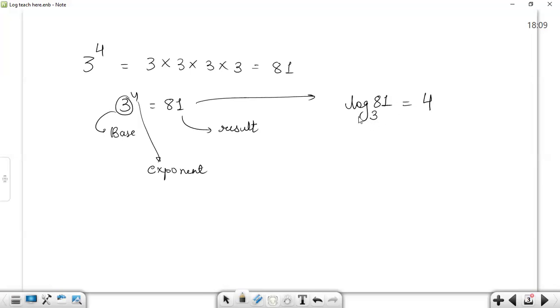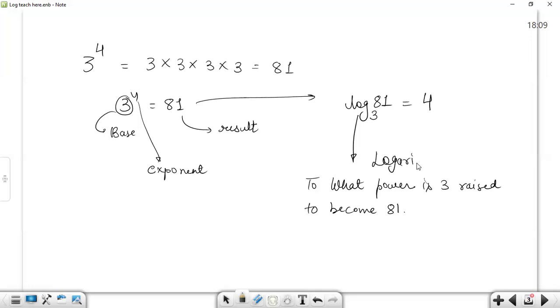So what we are answering in a logarithm is: to what power should 3 be raised to become 81? That's the question we are answering.